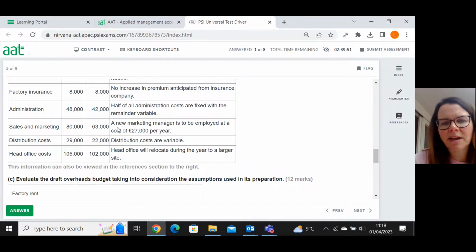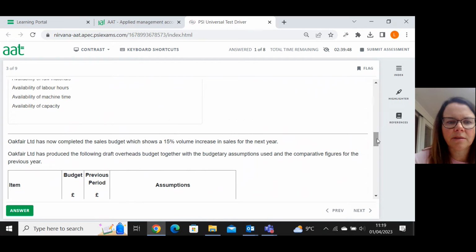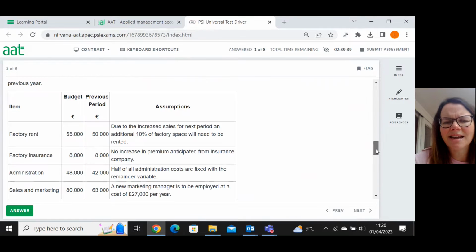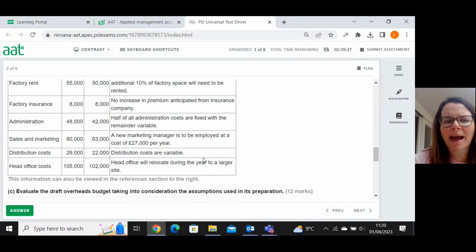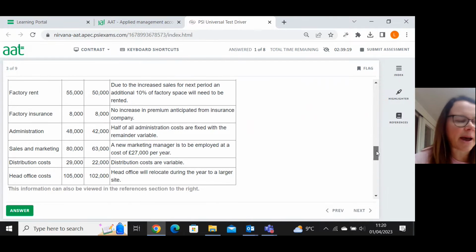Now, bearing in mind we've got a 15% volume increase in sales for next year. Doesn't really make sense that we're cutting back on some of our marketing expense. But maybe the new marketing manager is, I don't know, maybe going to be super efficient. So maybe we've wasted some money last year that wasn't effective. We don't know. So we kind of need to discuss that.